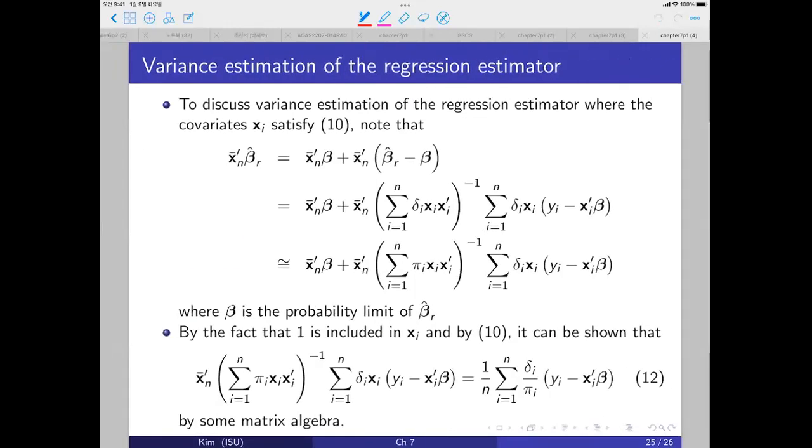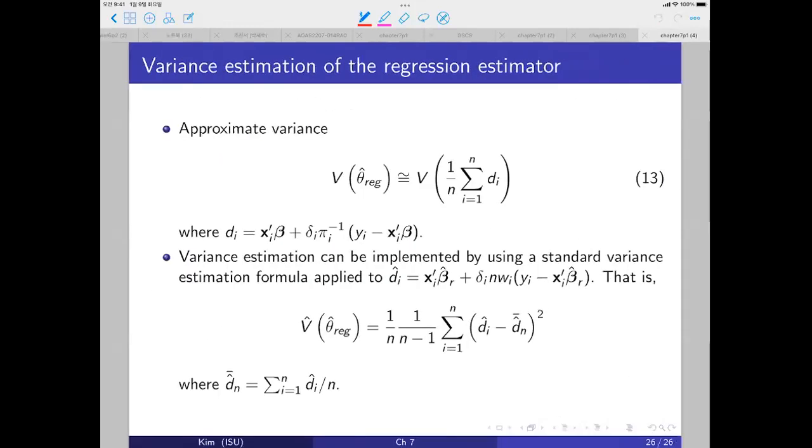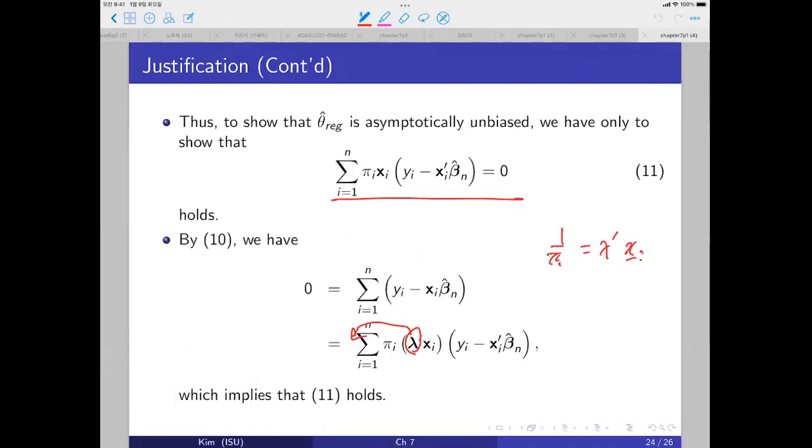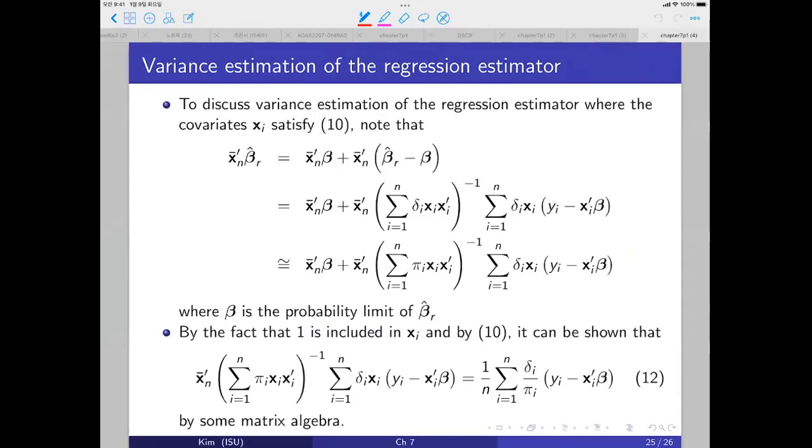That gives the justification, and then the linearization formula is exactly what I already described before, so I will skip it. So that's it for regression weighting.